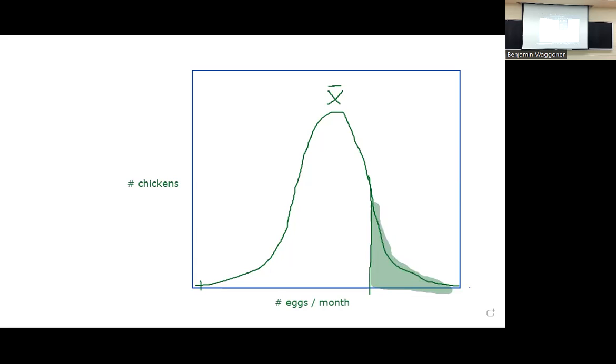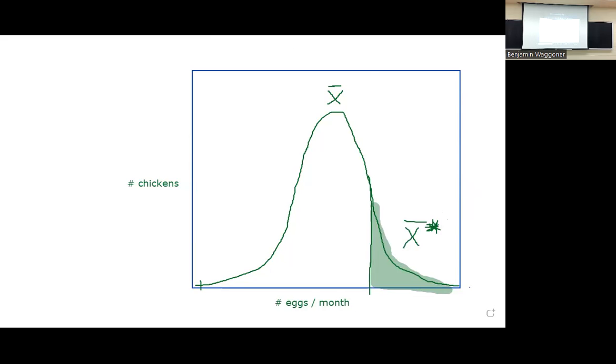And after we have gotten rid of all of our inefficient chickens, we can calculate the mean number of eggs laid per month for the survivors after selection. And we can call that X bar star. Sorry, that's not looking very good. That's supposed to be an asterisk. Okay, you with me there?